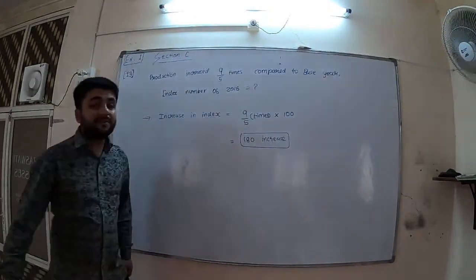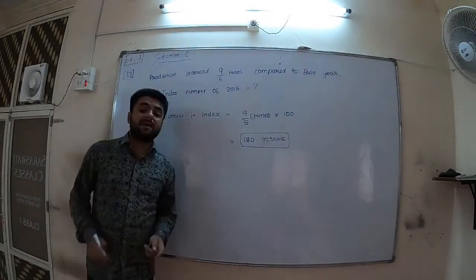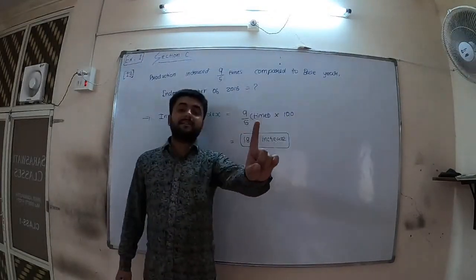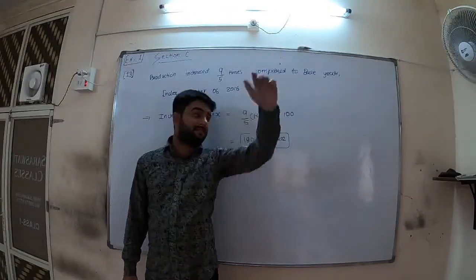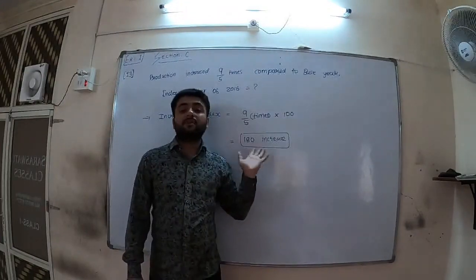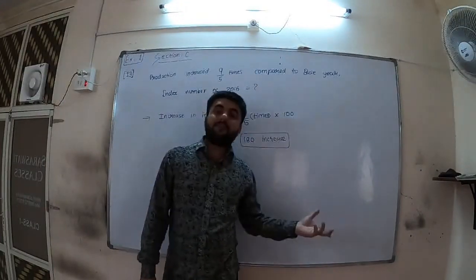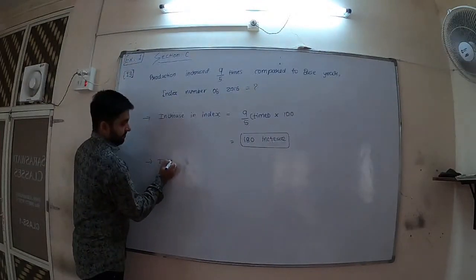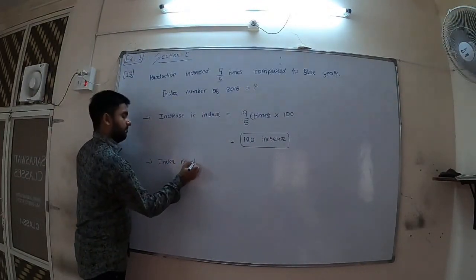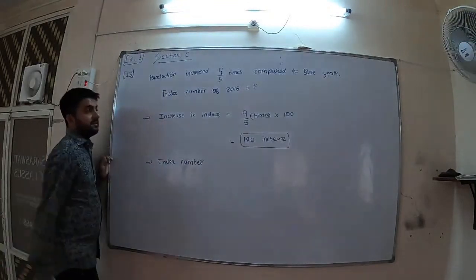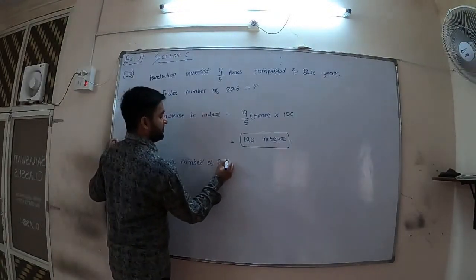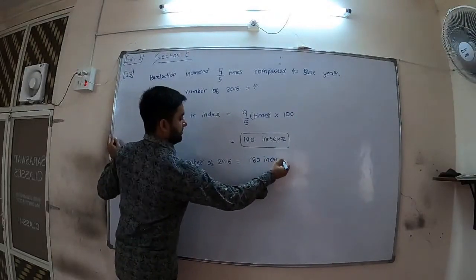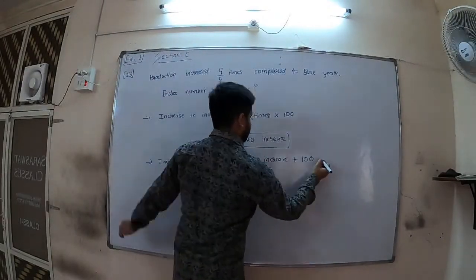Now 180 is not the answer. Index is increasing by 180. As in the 10th sum, index increases by 315, so 315 plus 100. Here increase by 180 was not given. So first we found 180, and now index number of 2016 is equal to 180 increase plus 100.